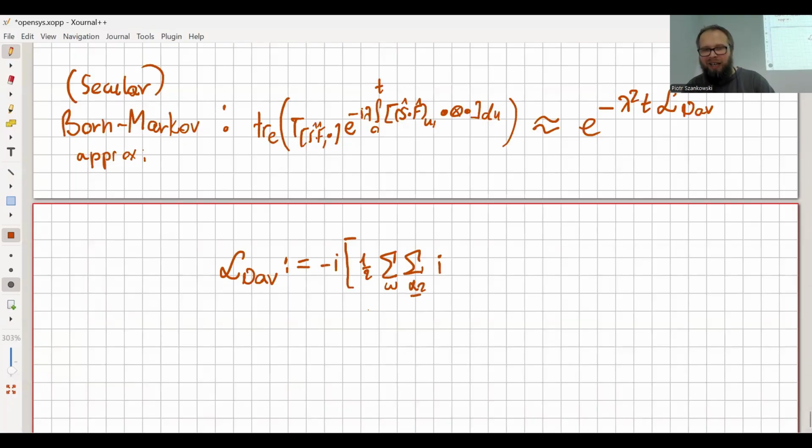We have here i times our matrix G minus G dagger element alpha 2 omega alpha 1 omega, S alpha 2 omega dagger S alpha 1 omega, commutator, and we know that this guy is Hermitian.